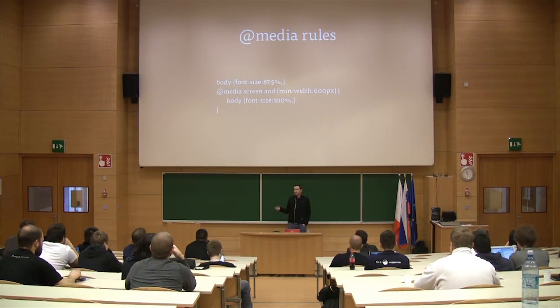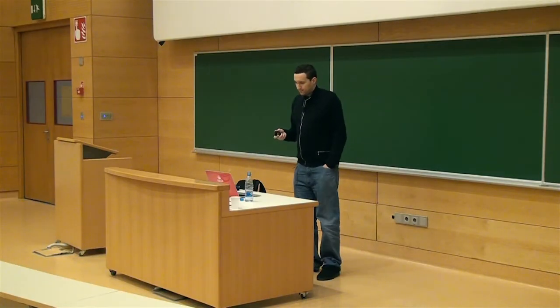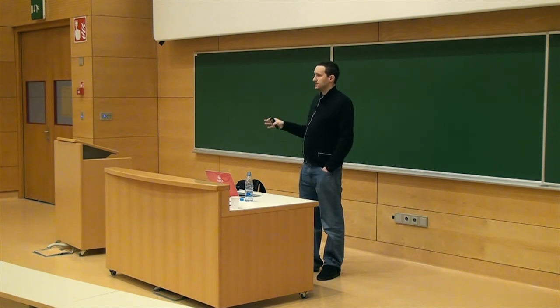So you're basically doing stuff mobile first, which makes sense in some cases. It doesn't make sense in others. There's a whole book about this if you want to read more about it. So with this, if screen size is more than 600 pixels, apply the CSS.